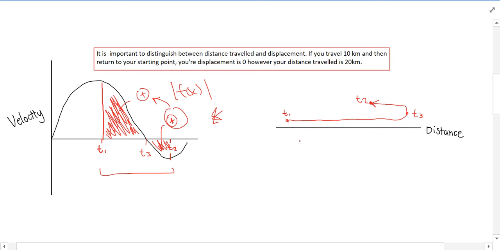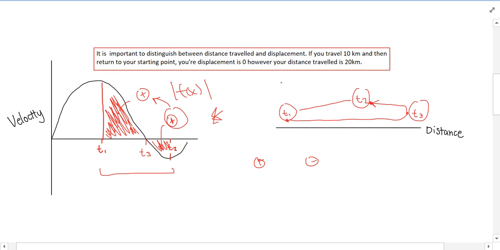And what does that look like on a linear path? It would look something like this. If we're traveling from time t1 to time t2, and let's say time t3 falls in between, t3 is precisely when our velocity changed from positive to negative, which means we went back some distance.